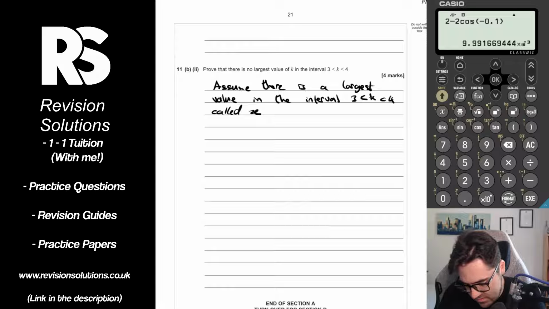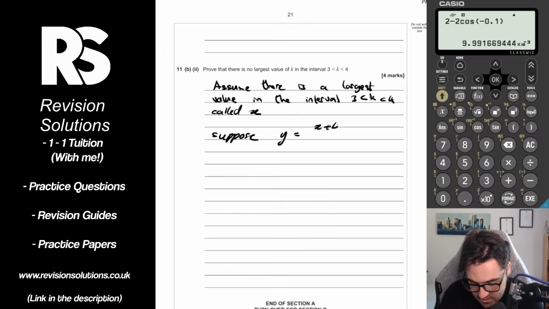And then let's suppose we take another number y again to be the midpoint between, but now the upper bound and x, so that's x plus 4 over 2.